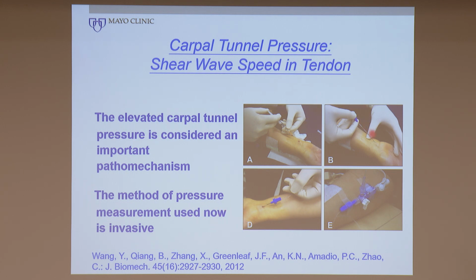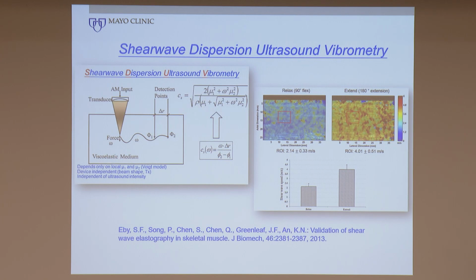With this in mind, one of my colleagues, a radiologist, was first doing magnetic resonance elastogram with MRI, and later on, people did this with ultrasound using shear wave elastogram. The principle is very simple. You send a wave. The wave could be generated by the ultrasound probe, or you can use a mechanical wave generator.